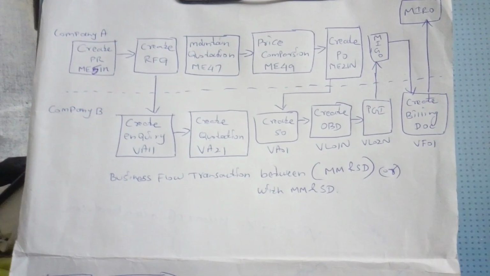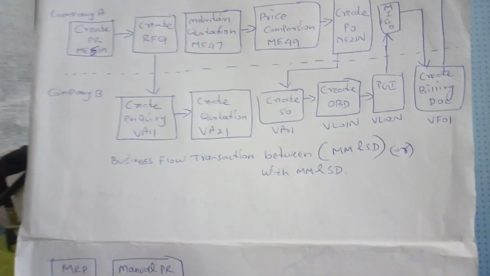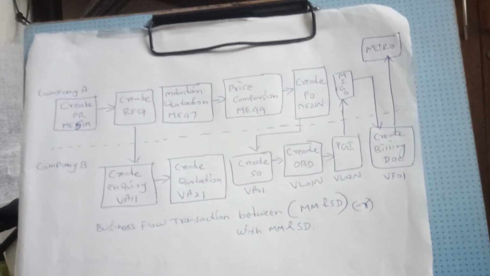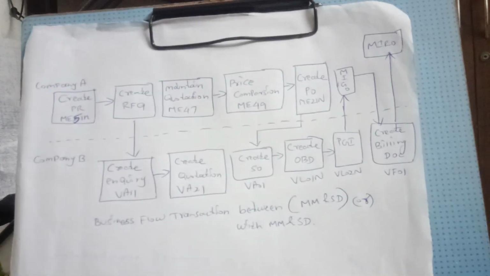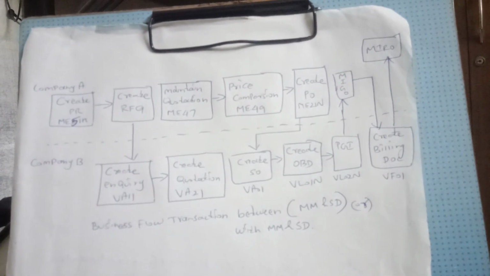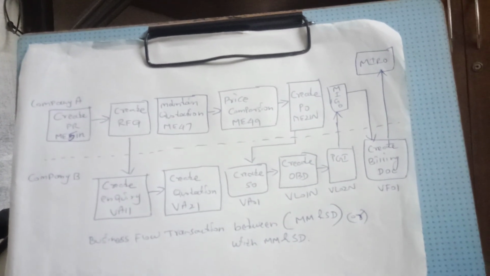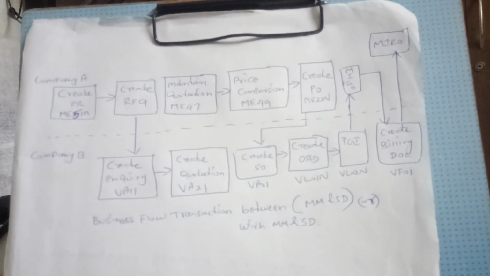Now the accounts payable person of company A will receive the invoice and other attached documents. He performs a three-way match by checking the match of PO, goods receipt, and invoice document. We have three documents, right? PO, goods receipt, and invoice document.